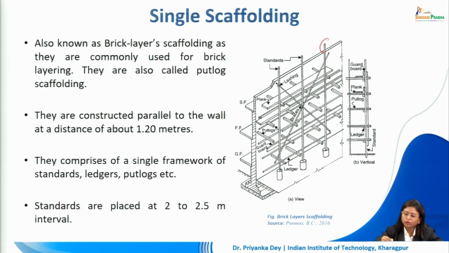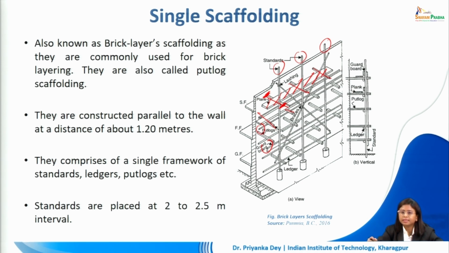That means we will have only one standards layer, one layer of ledgers or horizontal members, and we will have putlogs which are connected at one end to the wall, and the other end is resting on the ledger. Above this we are going to place the planks or the boarding. We are going to provide the guardrail, we are going to provide the toe boards and keep it in position with the help of lashings.